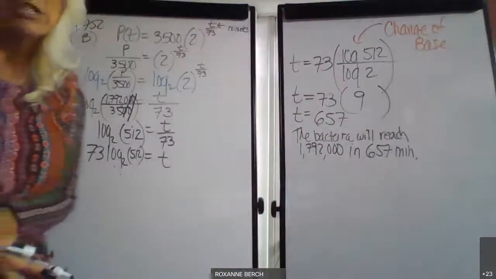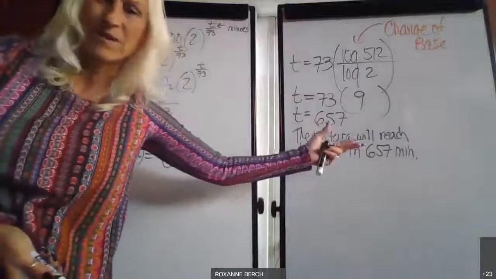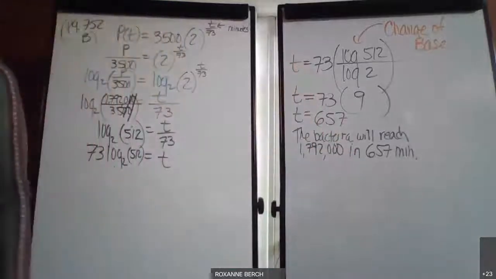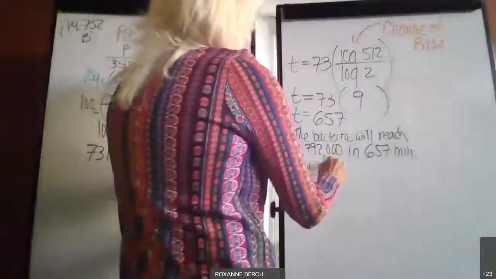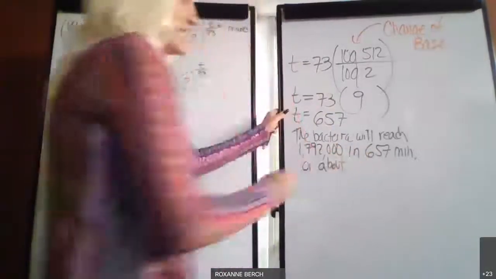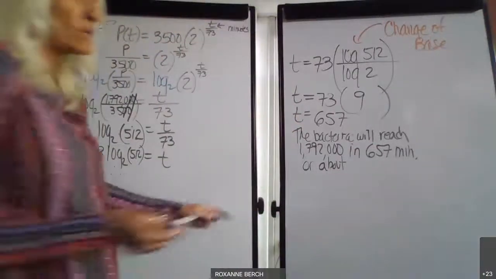And we can change that to hours. I mean, 657 minutes, people aren't going to like that. You would want to say about 60. 60 goes into that 11 times. It's about 11 hours.